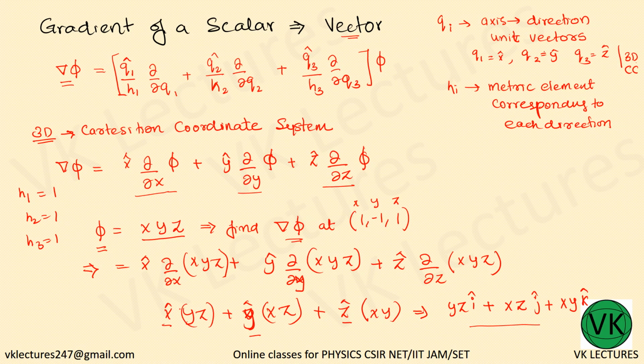So in this case this is yz, so minus 1 i cap, so minus i cap, plus xz, that is minus 1, so minus j cap, plus xy, that is again minus 1, so minus k cap. So this is how you will be getting it.